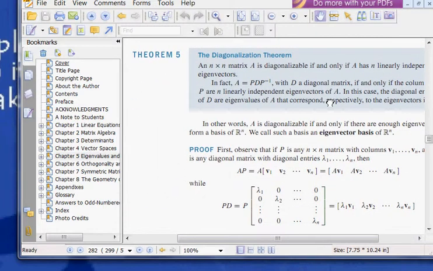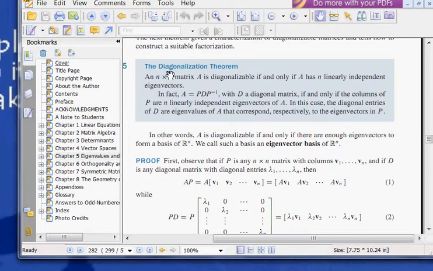Move on. Theorem 5. The diagonalization theorem. An n by n matrix A is diagonalizable if and only if A has n linearly independent eigenvectors.